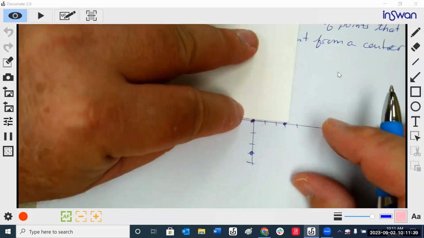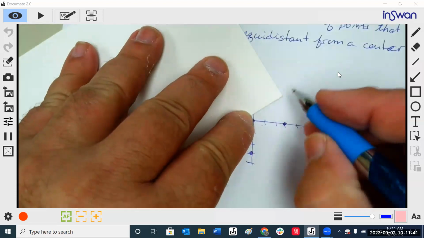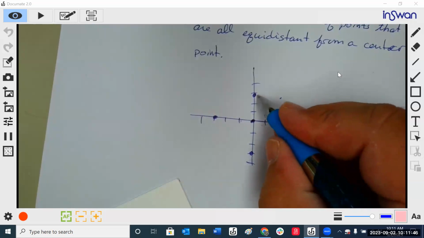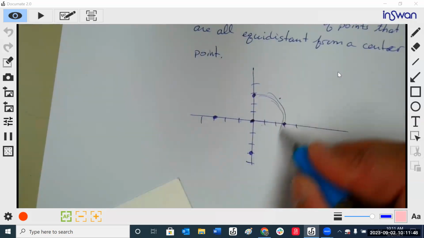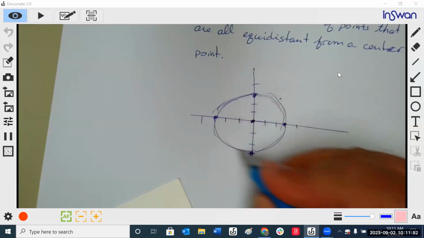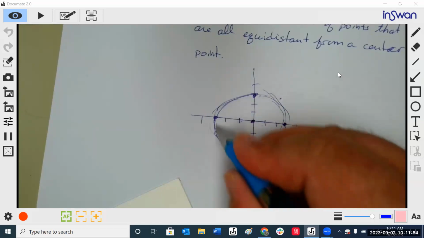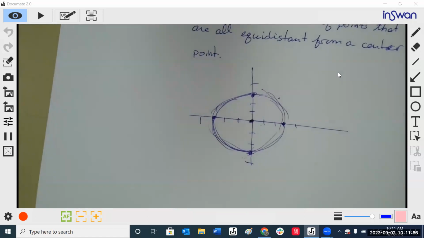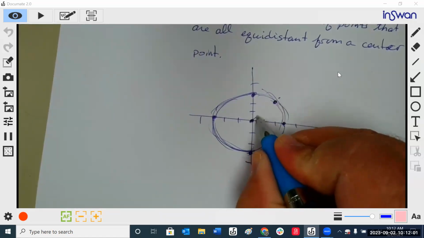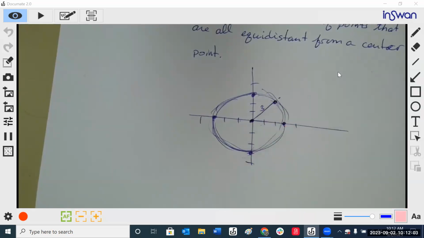And now all the other points have to be the same. That's a circle. Any point on it has to be 3 units away.